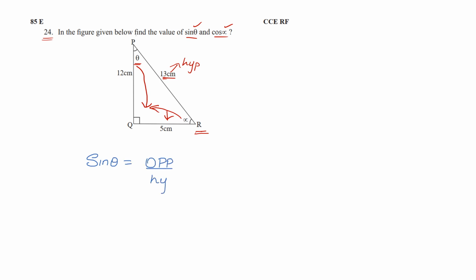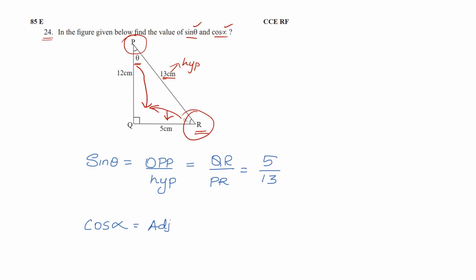The opposite value with respect to P, that is theta, is QR, divided by hypotenuse PR, that is 5 divided by 13. With respect to cos alpha, the adjacent is QR divided by PR, which is equal to 5 by 13. So this is the value of sine theta and cos alpha.